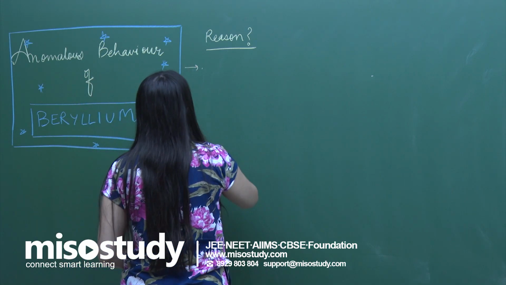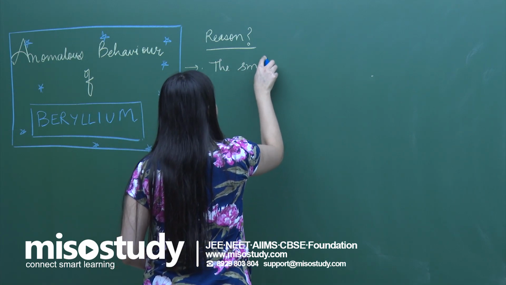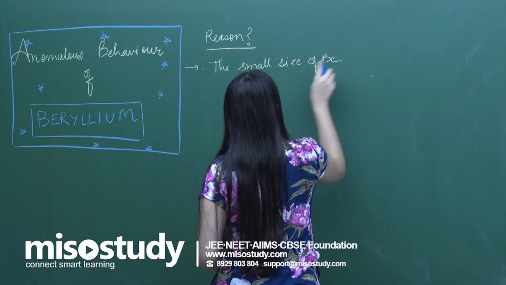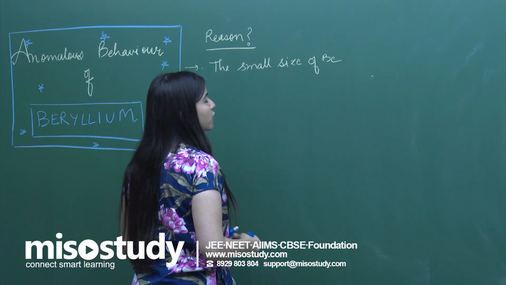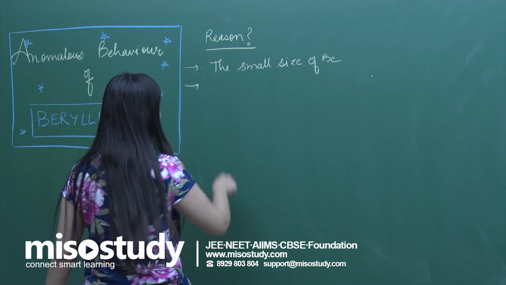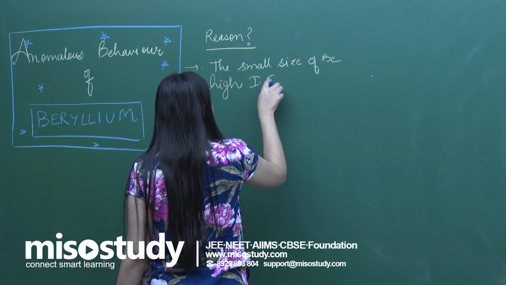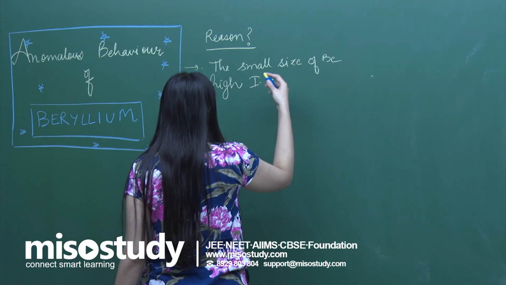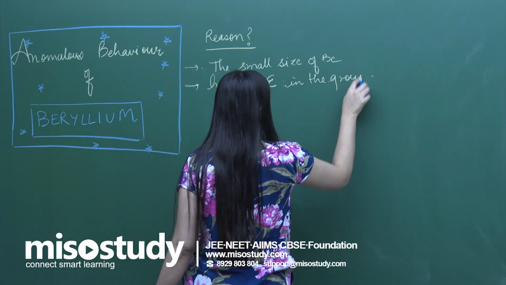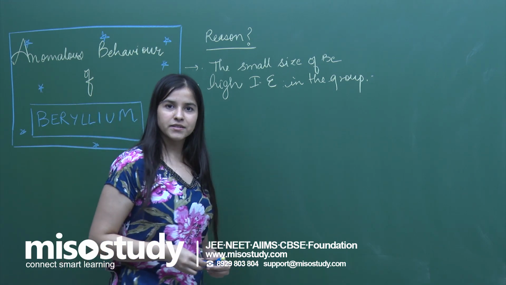So basically it is the small size of beryllium, right? And due to this small size, what we have is the highest ionization energy in the entire group, or just the high ionization enthalpy or energy in the group, right?